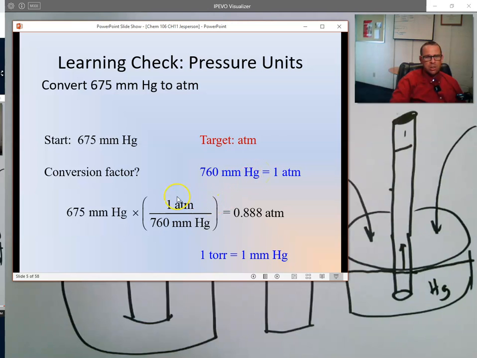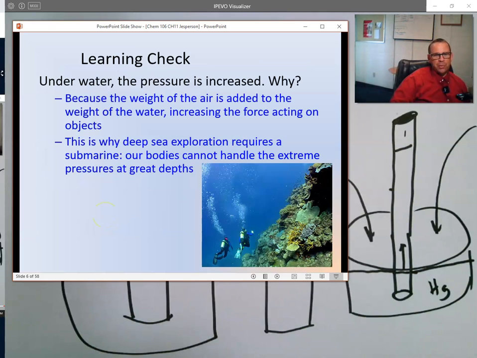And just like before, if we know what units we want to have, so if somebody says, how many atmospheres are there in 675 millimeters of mercury, we can use Google to find out what the conversion factor is here, and then we can use that conversion factor to identify the answer in terms of either atmospheres or millimeters of mercury, or torr. Okay, very good.